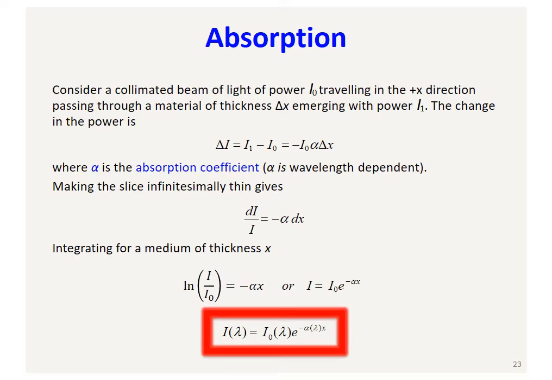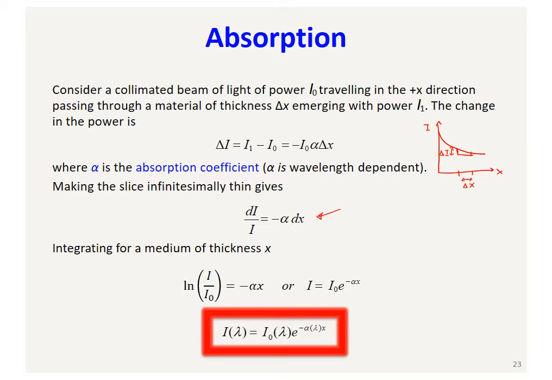If we consider the irradiance of a beam of light as it travels through an absorbing medium at two positions, then we can consider how this intensity changes as a function of change in position. By making these changes infinitesimally small, we end up with a differential equation to solve.